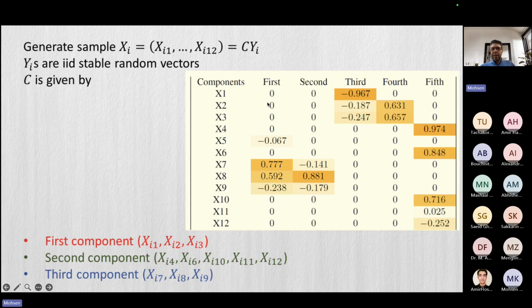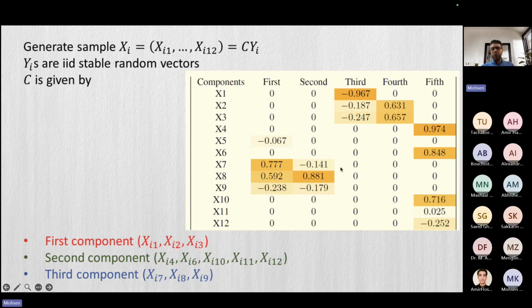The idea is that you observe these 12 components in real data, but these 12 components come from 5 independent variables, and this is a linear combination of these 5 independent variables. Therefore, the task is that whenever you observe these 12, you should find these 5 independent variables.